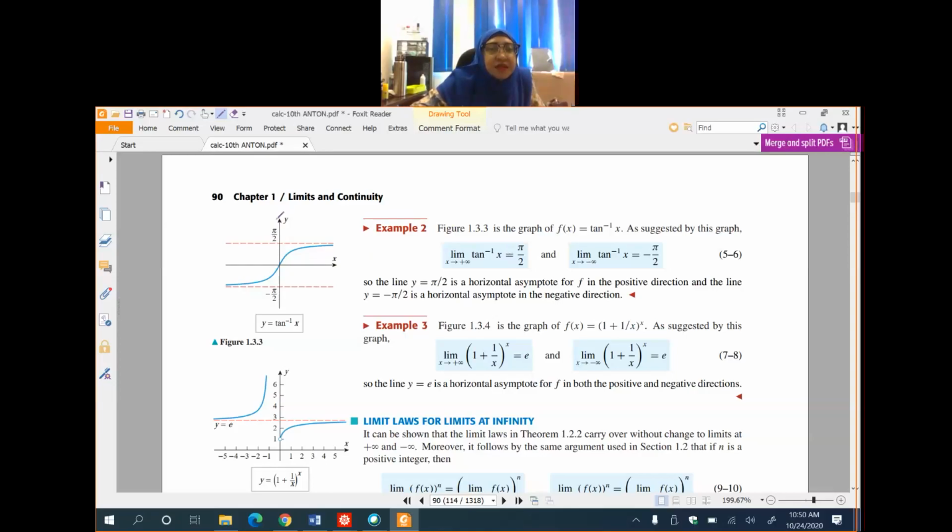So this one is a horizontal asymptote. And as x approaches negative infinity, the arctangent of x is approaching negative pi over 2. So this line here is also called a horizontal asymptote.